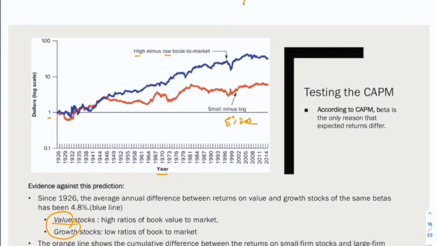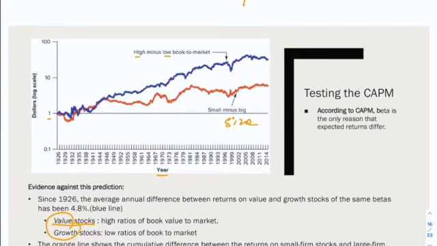That means value matters. If we had been investing in value stocks rather than growth stocks, we would have made money even though the two types of stocks had the same beta. So there's a value premium. Value stocks on average are giving us higher return even if the two types of stocks have the same exposure to market risk. Not only market risk matters. Similarly, if we have bought small stocks and sold big stocks with the same beta, we would have made money over the years.